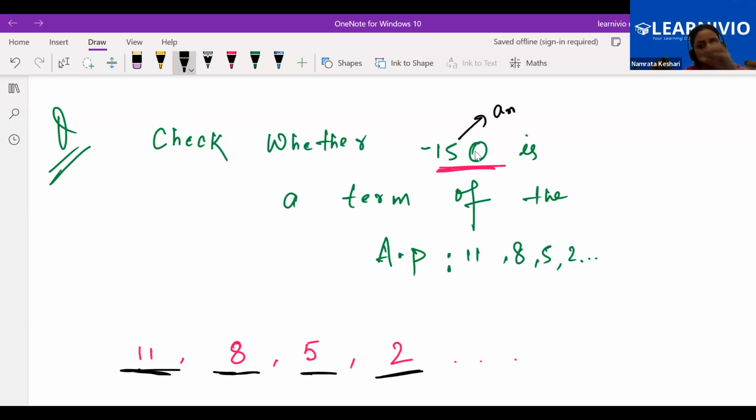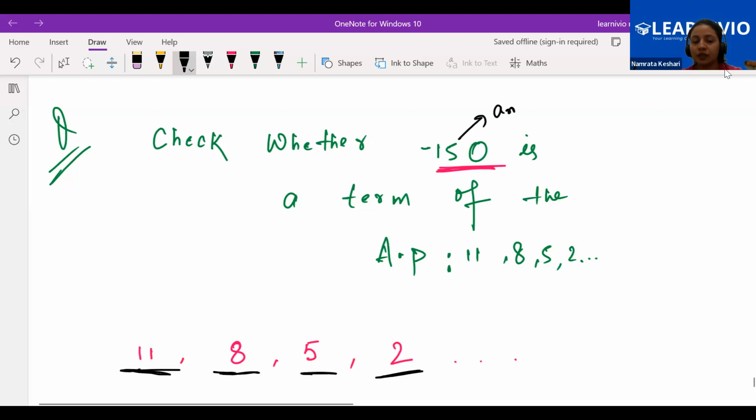Like this, we are not sure which place will be minus 150. Is it the 16th term, 17th term, 18th term, 20th term? Which term is minus 150? We don't know. And when we don't know anything in mathematics, we take the help of a variable. So here we will say, let's say nth term is minus 150. We understand that n is nothing but just a number. Are you getting it, Galvin?